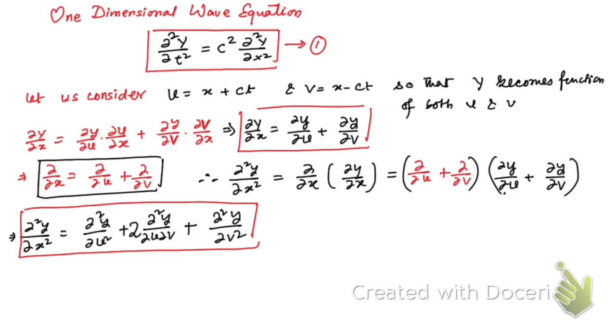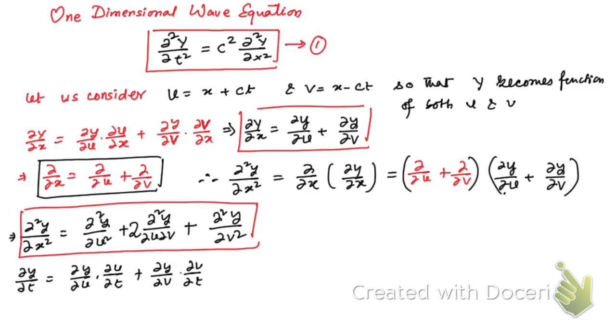So in order to find that, del y by del t can be written as del y by del u into del u by del t plus again del y by del v into del v by del t. That's what we can write.